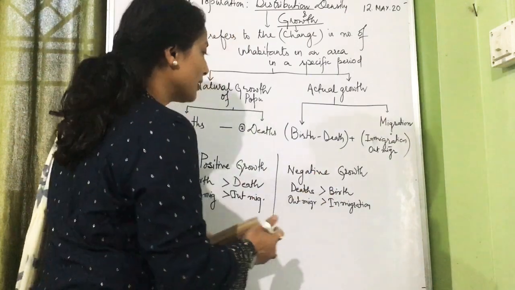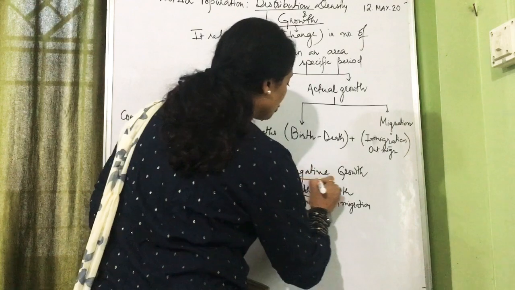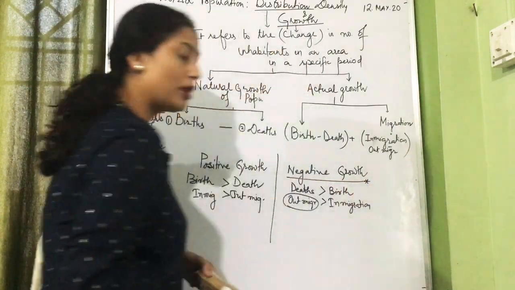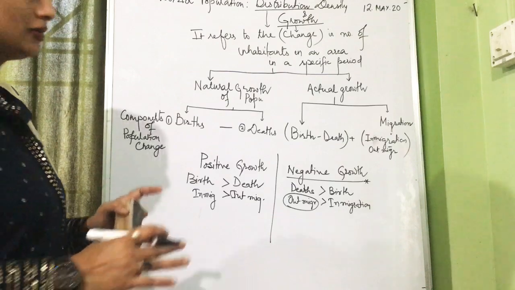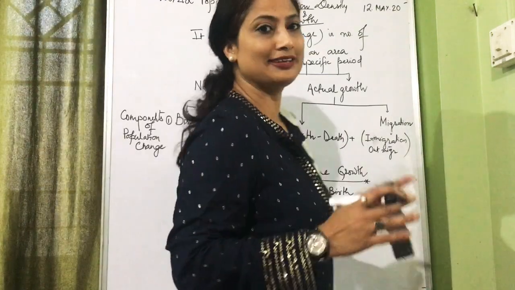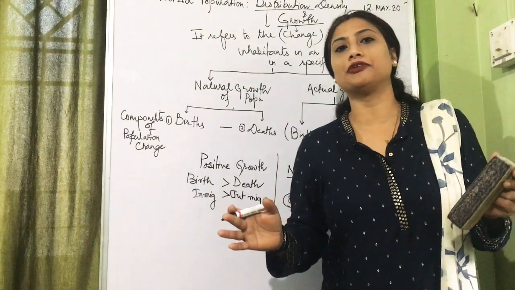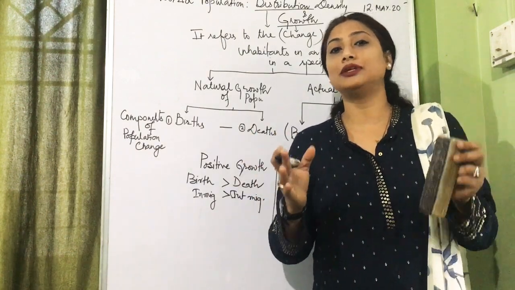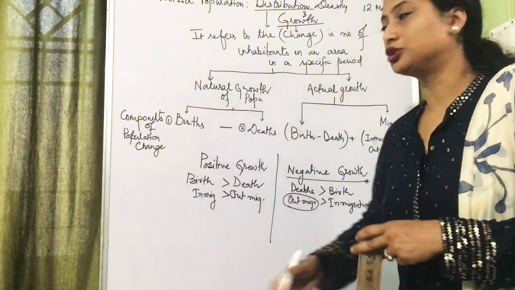If you remember, India had faced this negative growth of population in one period of time when there was a huge out migration. The country was divided between India and Pakistan and India and Bangladesh, and there was huge out migration from the country, and we found that we had a negative growth of population. So this was all about the population growth.